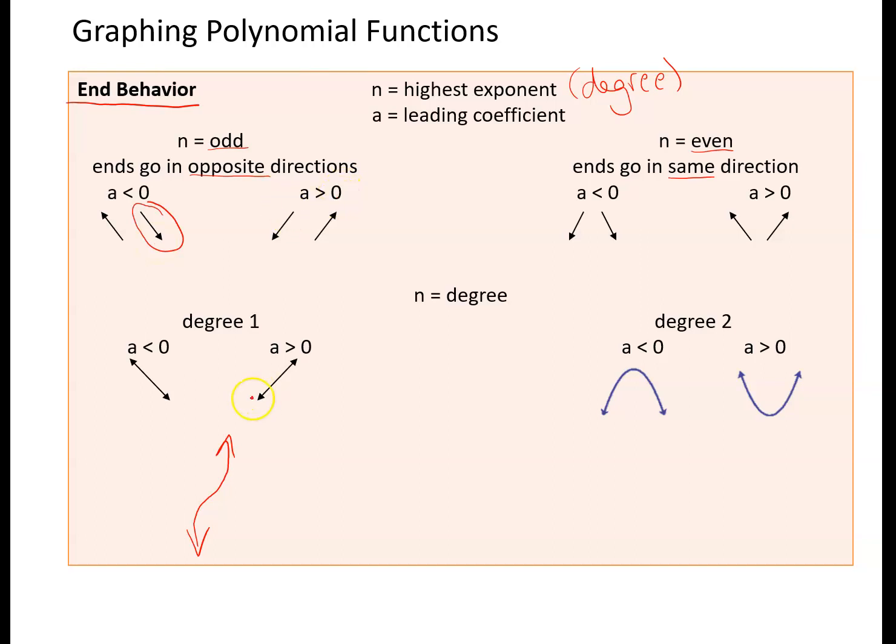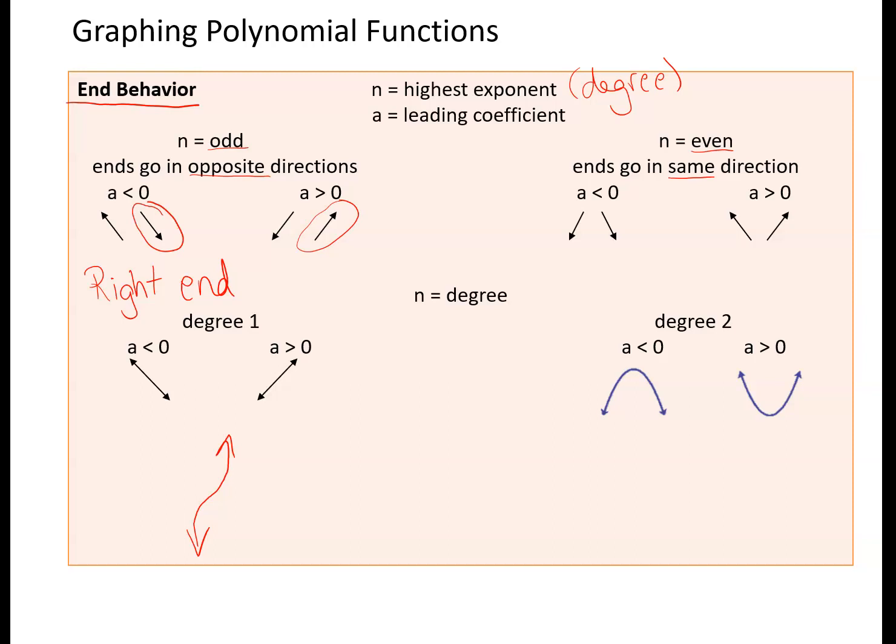If a is positive, think about a positive slope. It rises. Okay? The right end behaves like the slope of a line. Now, once you've drawn the right end, if they go in opposite directions, then you know just draw the other one opposite.